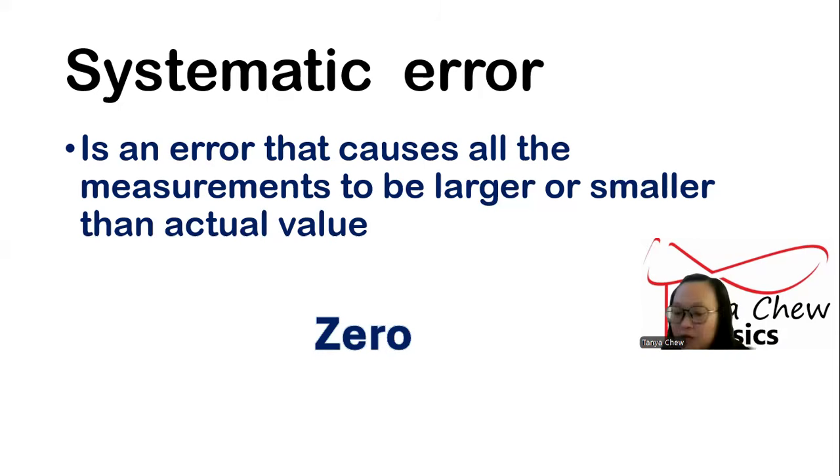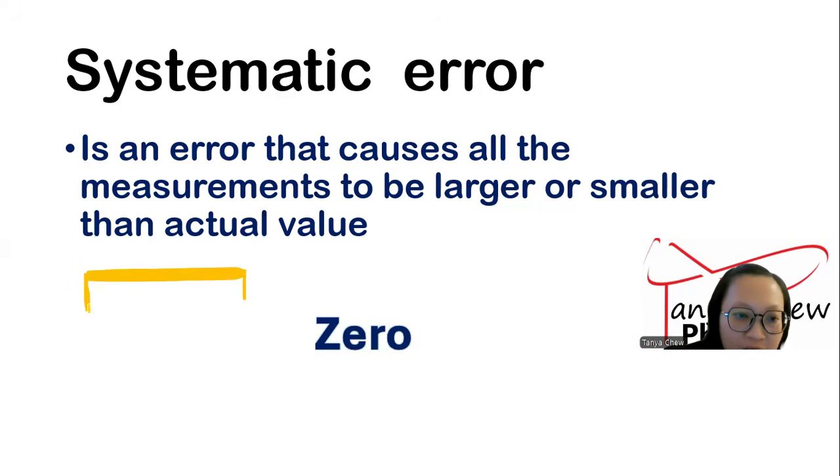So if you take your reading, let's say, I draw a meter rule. Okay, this is a meter rule. Because this meter rule is quite old, you start from 10 cm. Then you place your object here. Let's say the reading at the end of the object is 19 cm.